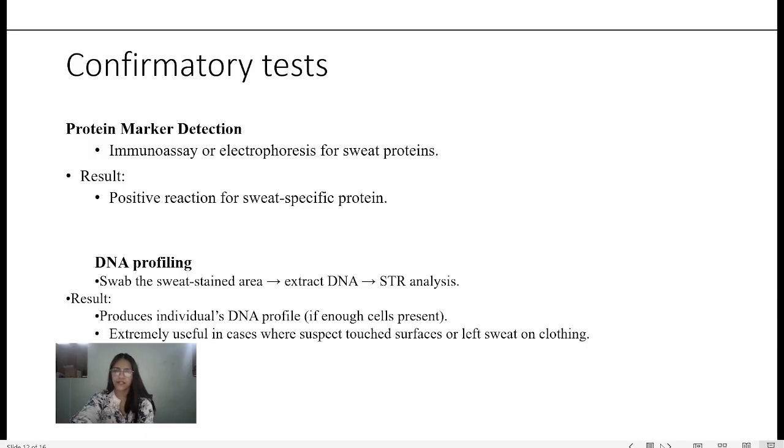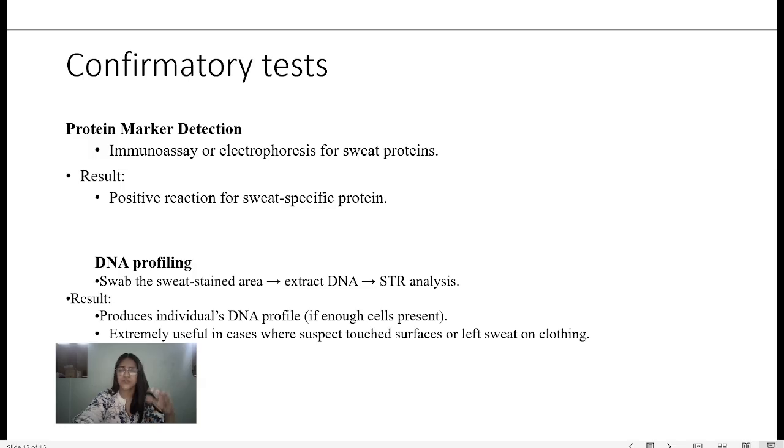So DNA profiling of sweat is also possible. Sweat itself is watery, but it can contain shed epithelial cells from skin, as I had told you in the previous videos. So DNA can be extracted from those cells, right?